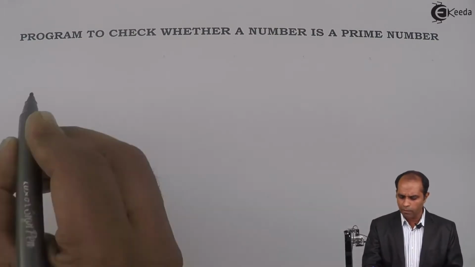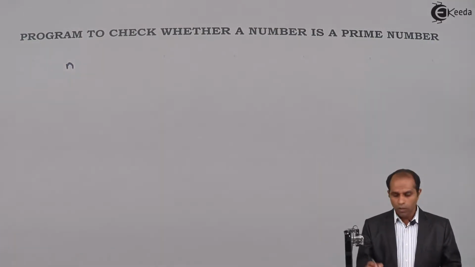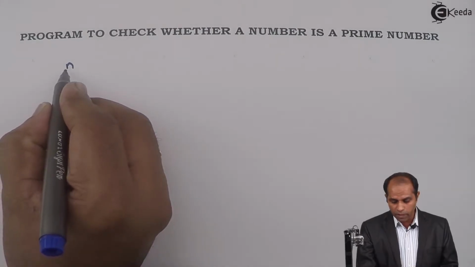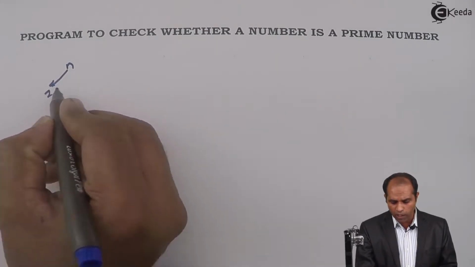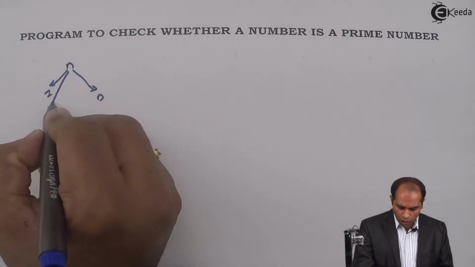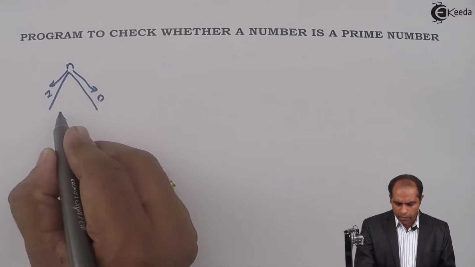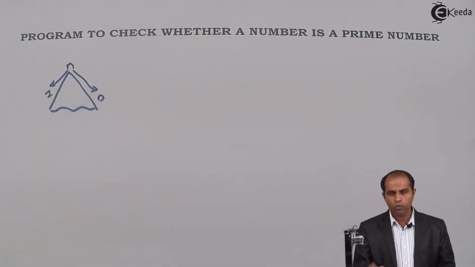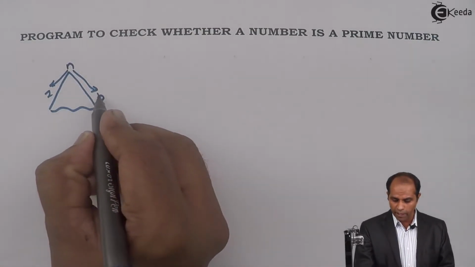Suppose I have a number n. Your n is said to be prime if it is divisible by only 1 and by itself. It means that it should not be divisible by any number apart from 1 and n.